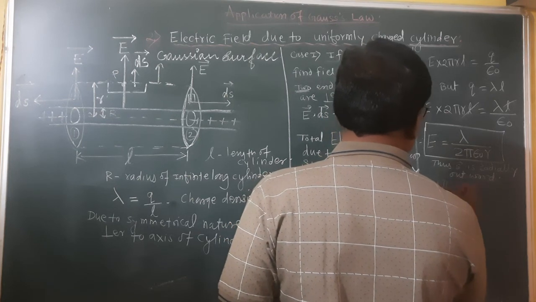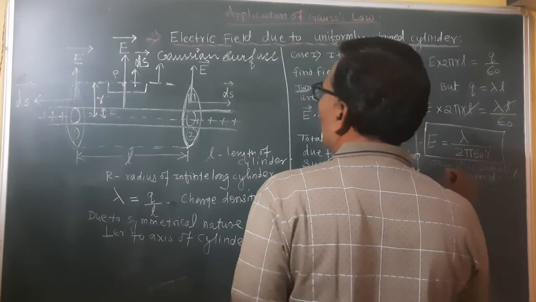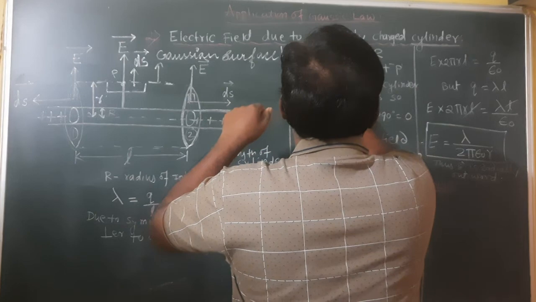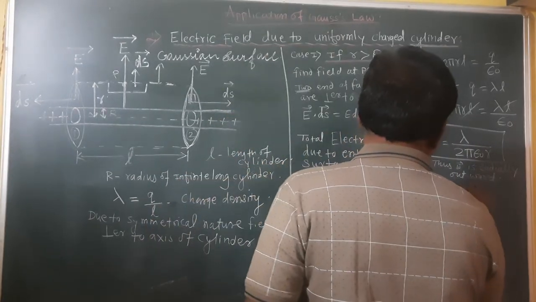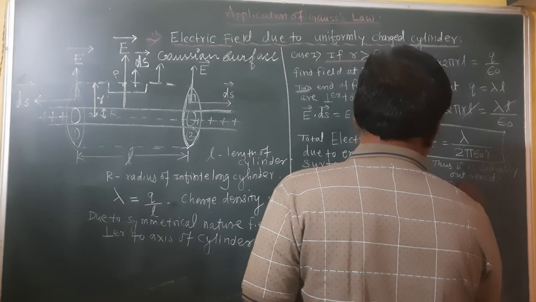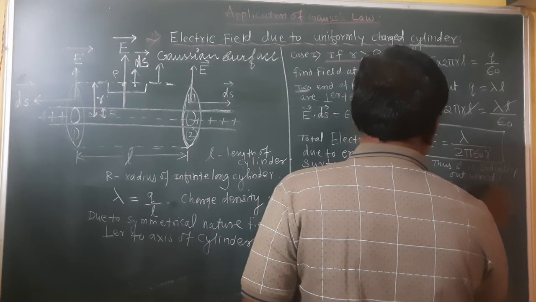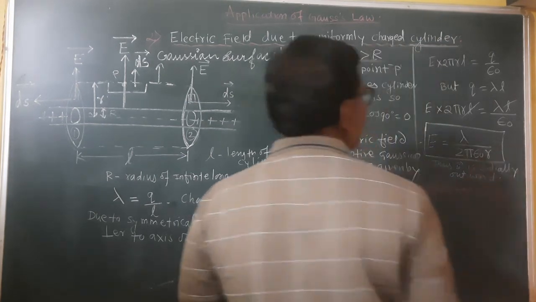And the second case we have to discuss here, that is case number 2. First of all, the case is small r greater than capital R. Now we consider if small r is less than capital R, what will happen?